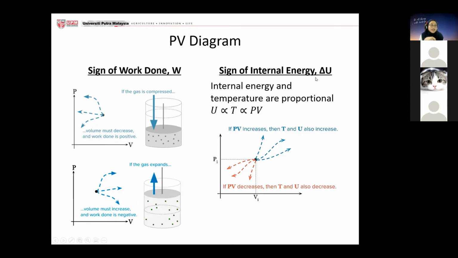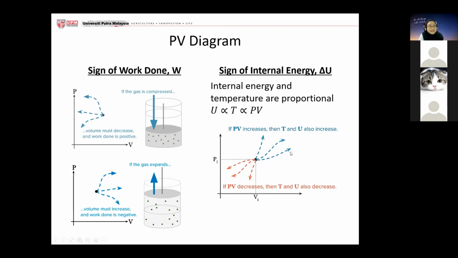And of course, for internal energy as well, you can actually link internal energy and temperature, so they are directly proportional. If PV increases, then T and U also increase. So again, if you look at your PV diagram, for example in a test or in an exam where you are given a PV diagram, immediately you can say, if it's moving here, then T and U also increase.